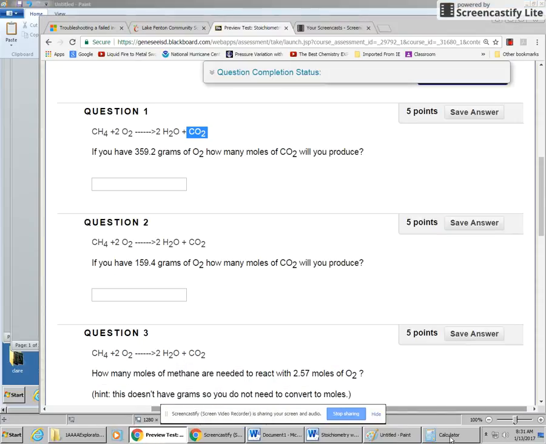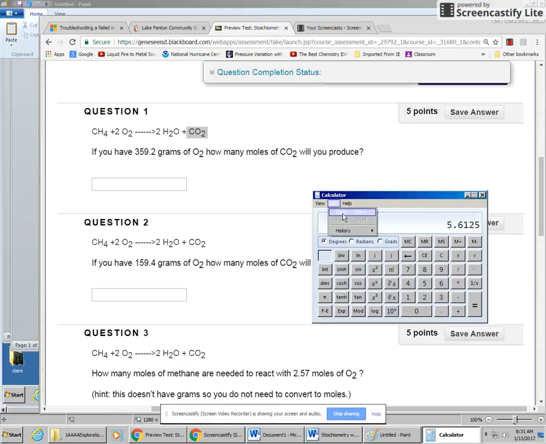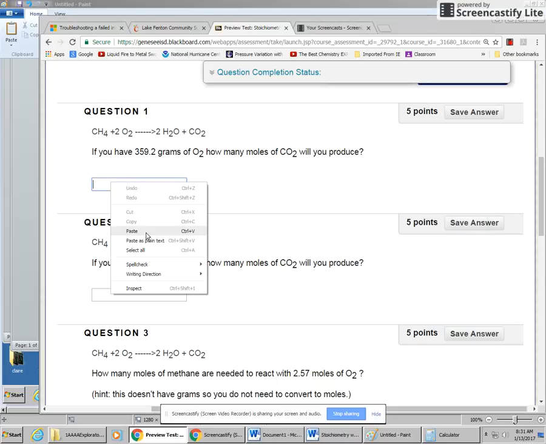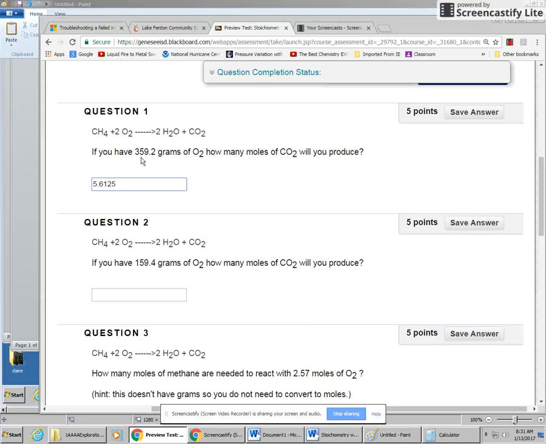And here you just calculator, edit, copy, paste. So to summarize, you just take this, divide it by this, and then multiply your mole ratio, which is 1 over 2, because CO2 is 1, O2 is 2, and then you just edit, copy, and paste it in there.